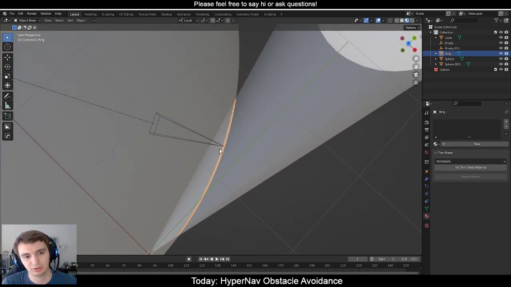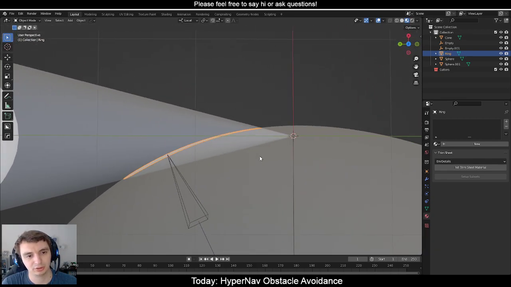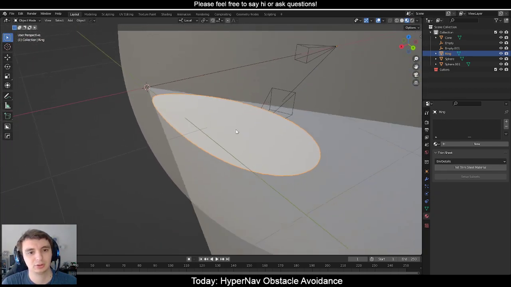Yeah, so this thing is definitely not a flat plane. It is a curved surface.